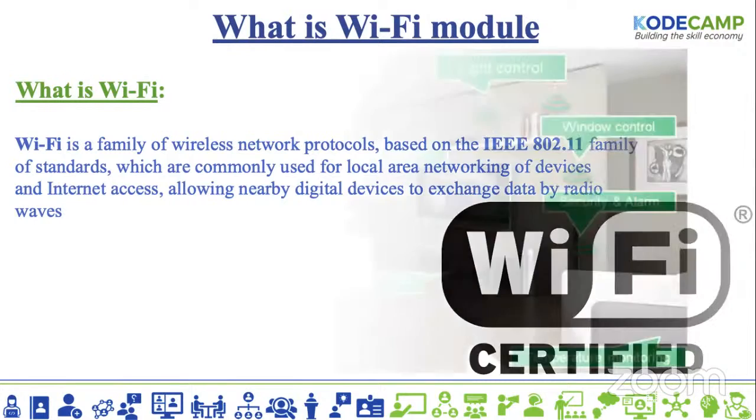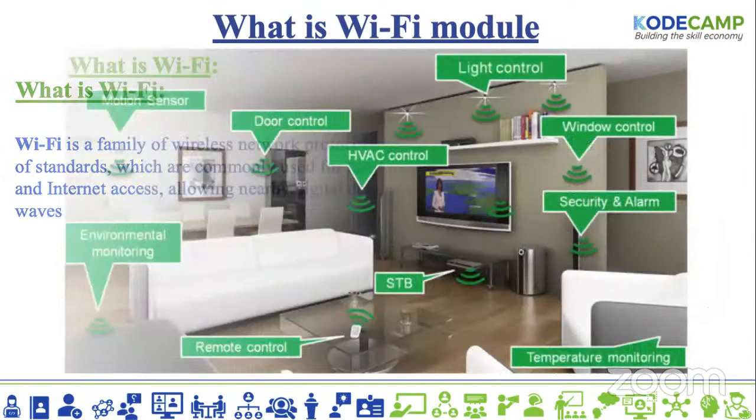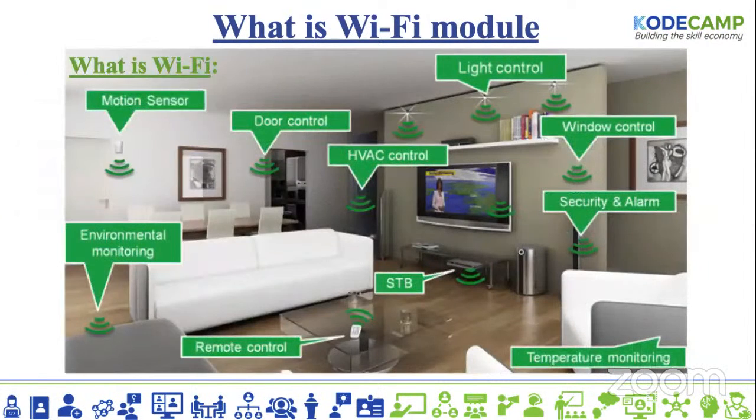Now look at this diagram. I got this diagram online. So what can you say about this diagram? This is just an example of a smart home. You have all the sensors connected to each other.